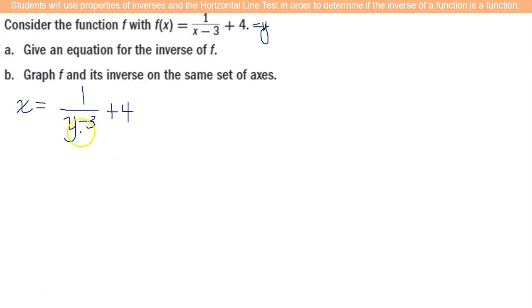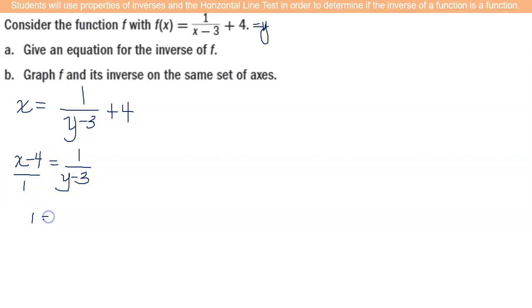Then I want to solve this, so I'm going to subtract 4 from both sides. x minus 4 equals 1 divided by y minus 3. I want to solve this for y, so I can treat it like a proportion and cross multiply.